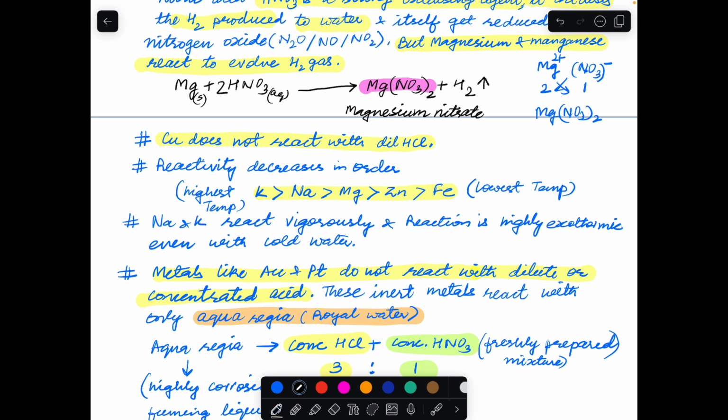So have a look here at how we do this reaction in the lab. We will take a test tube, and in this test tube we will take the required metal. Suppose this is the piece of required metal, and in this test tube we will put a thermometer just to check the temperature of the medium.